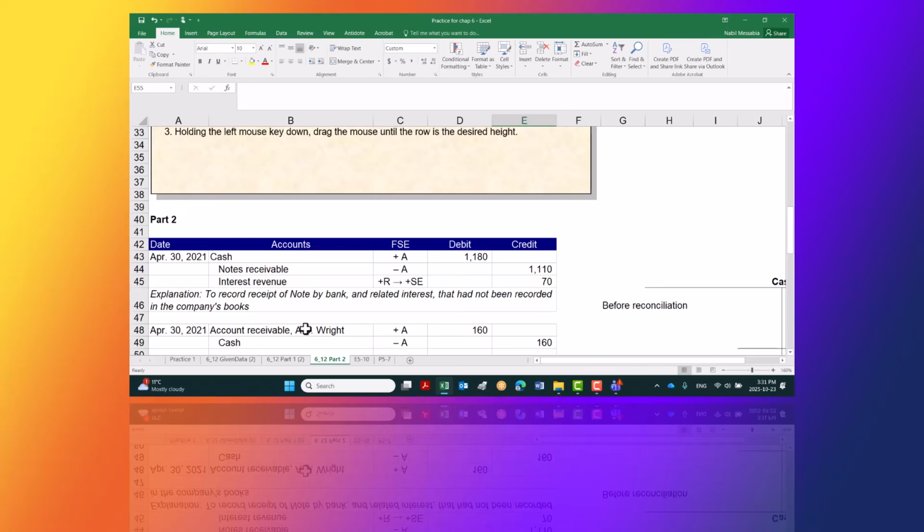The first line: the balance before reconciliation. Same thing here: balance before reconciliation.